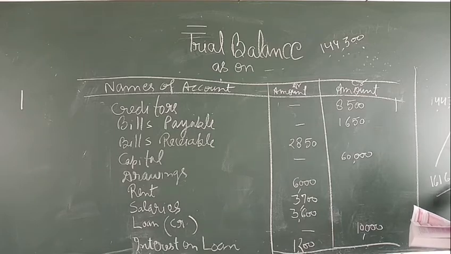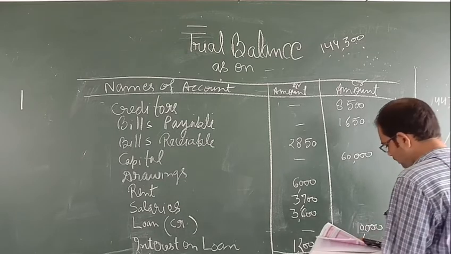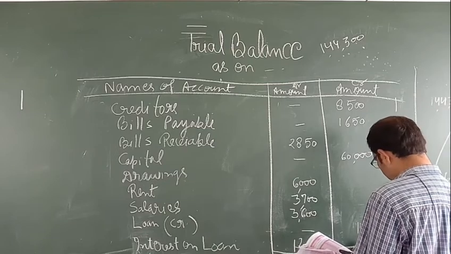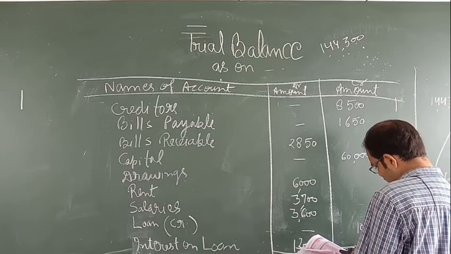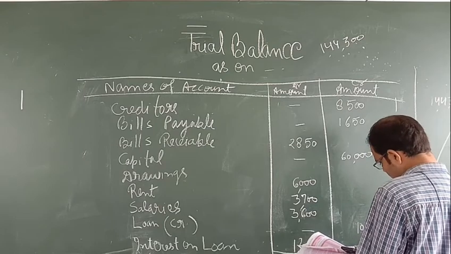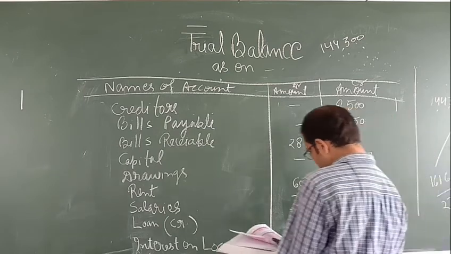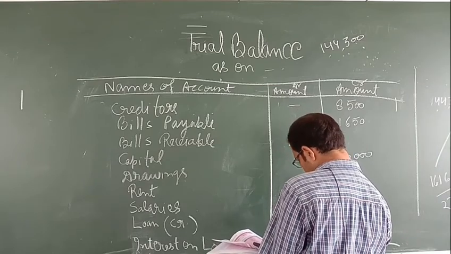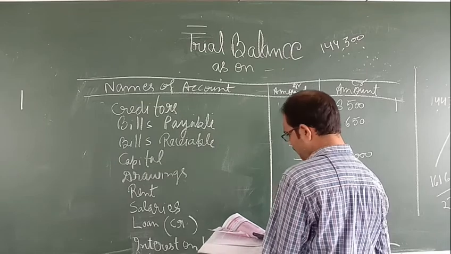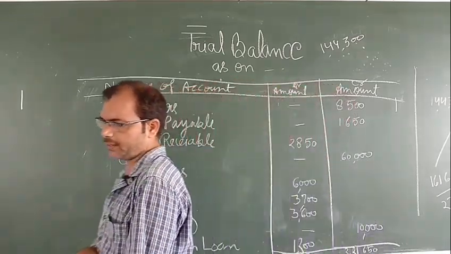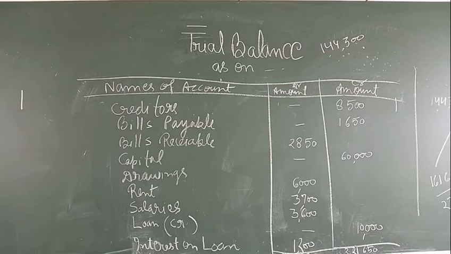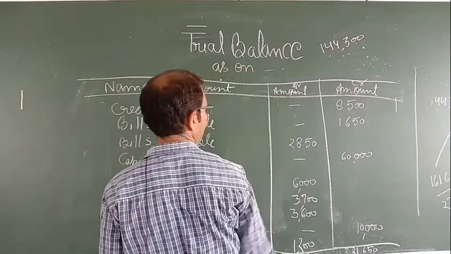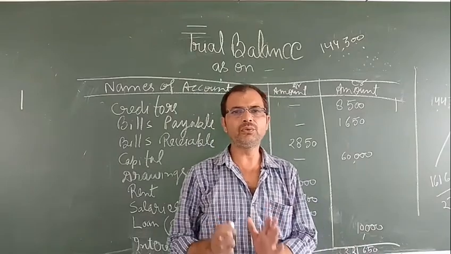And the total will come 2,21,650. In this way we prepare the statement that is called trial balance. You will have to do all the questions.